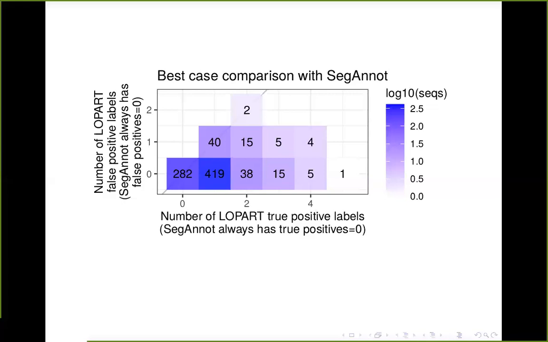What that means is that it's doing quite a better job in terms of test errors in quite a lot of data sets. You see there's a big concentration here: 419 examples with LOPART having 1 true positive but no false positives. So that's pretty good.